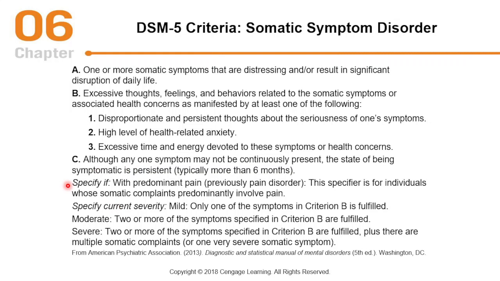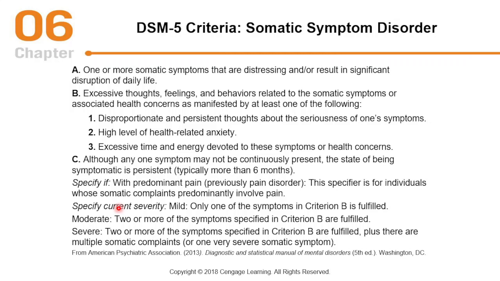And then with the specifier, you need to specify if the condition is predominant pain. This is also known as pain disorder before, pero under na lang siya sa specifier. So, ito is kung yung client ay ang somatic complaints niya ay yun nga, more on may masakit sa kanya.